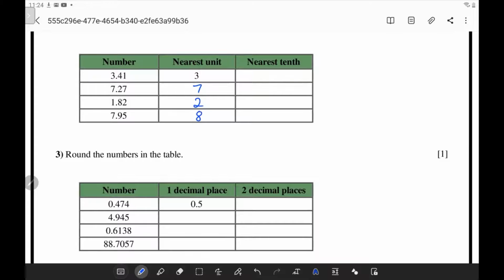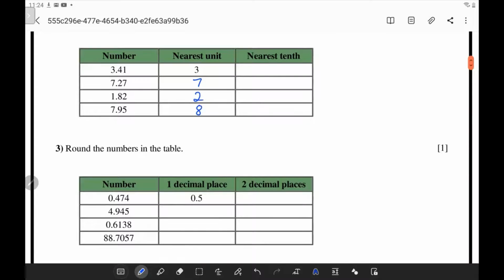The nearest tenth. I noticed a lot of you made some mistakes. Remember when we deal with it, it is tens, ones, then tenths, then hundredths. So the nearest tenth would be to this one.